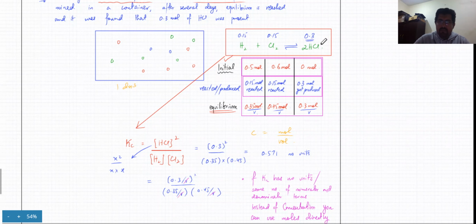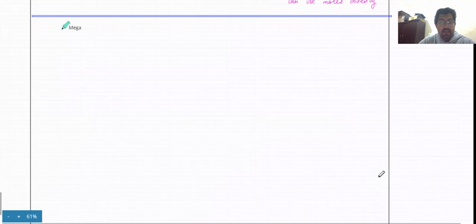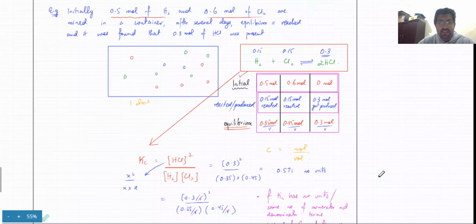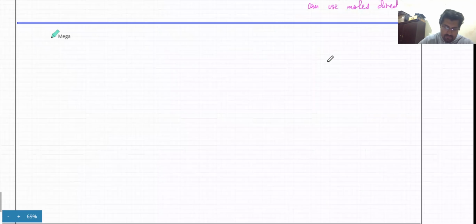So next, let's try another one. This ratio one was slightly an easy question, because for H2 and Cl2 it was just a simple 1:1. Let's try a question where the ratios are not that simple.